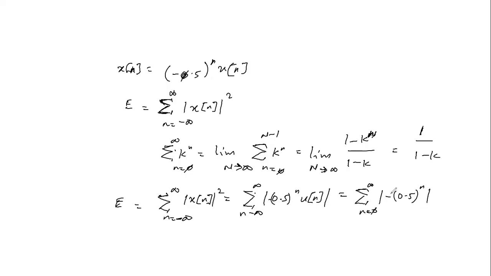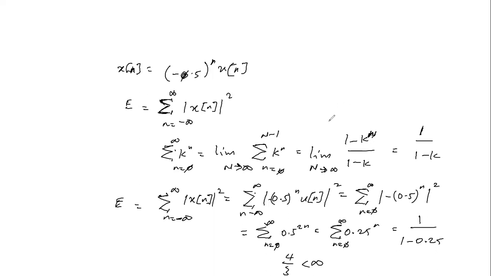Since it's the mod of this, that takes care of the negative value. So we have the summation for n from 0 to infinity of 0.5 squared to the n, which is the same as the summation n equals 0 to infinity of 0.25 to the n, which is 1 over 1 minus 0.25, which is the same as 4 over 3, which is less than infinity. So hence, S of n is an energy signal.